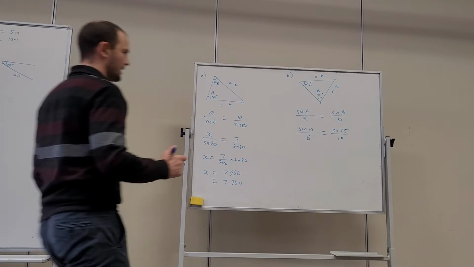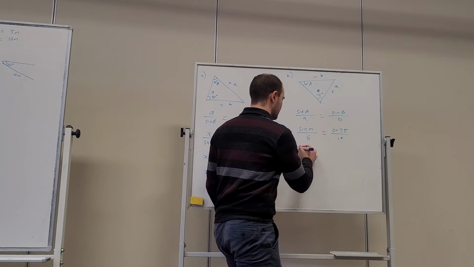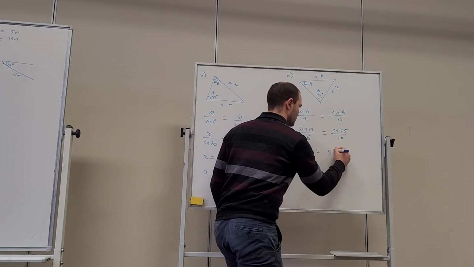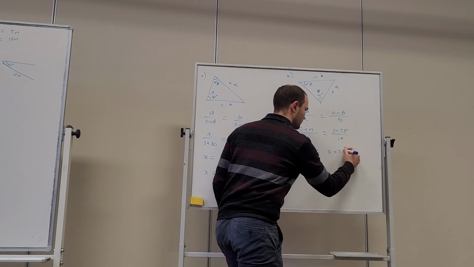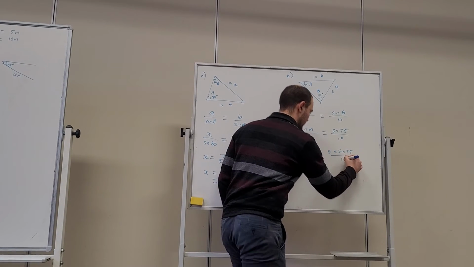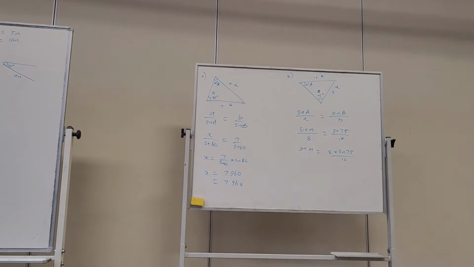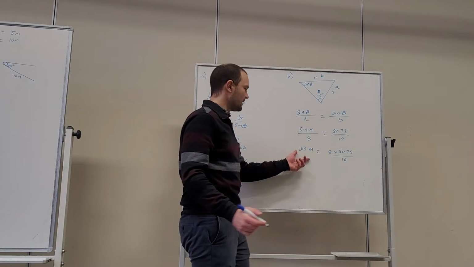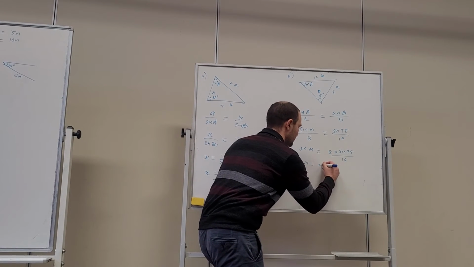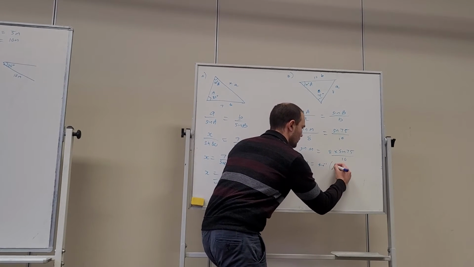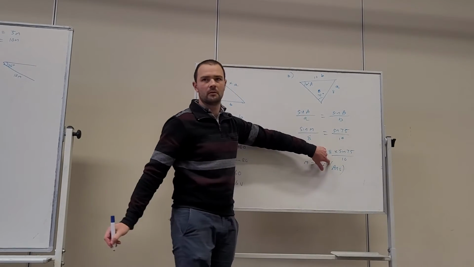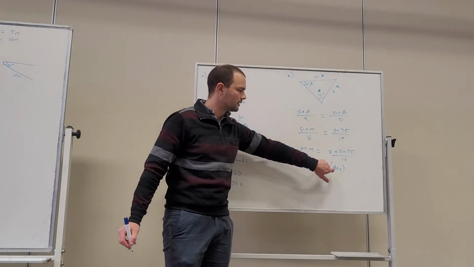Okay, we'll isolate sine of m first, by moving the 8 to the other side. But remember, we're trying to find m. We're not trying to find sine of m. We're trying to find m, which means we need to do inverse sine of whatever this evaluates to.